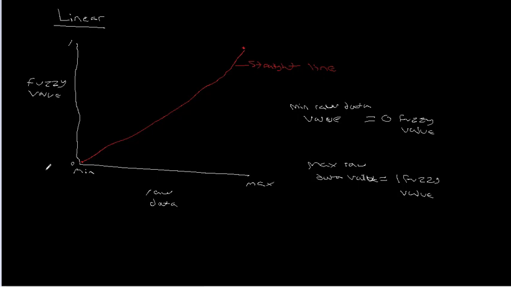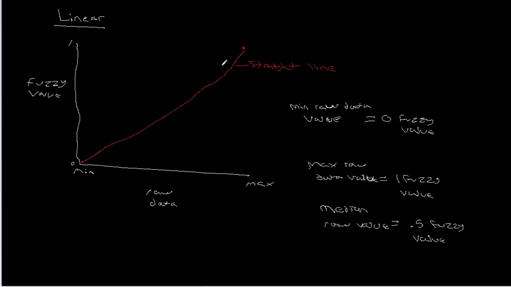And because everything in between is scaled linearly, this is a straight line, that also means that our median raw value is going to have a 0.5 fuzzy value.